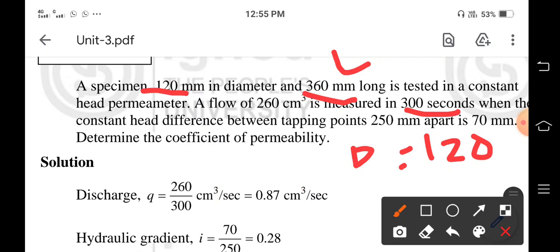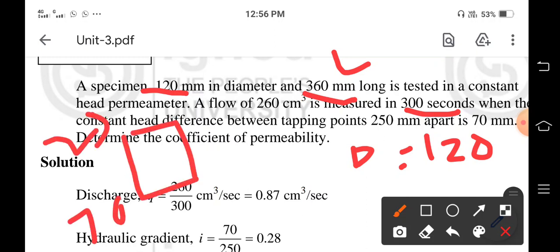That is hydraulic gradient equal to h upon L, or i equal to h by L. Sorry, head difference, that is hydraulic gradient, which is dropping from 70 mm to 250 mm that we have to measure. This is a head difference, this is 70 and this is 250.